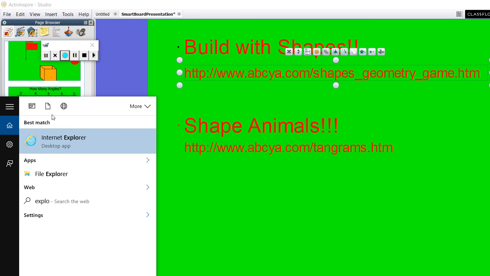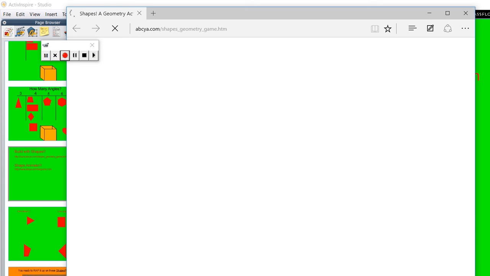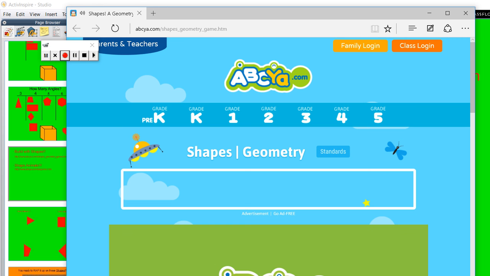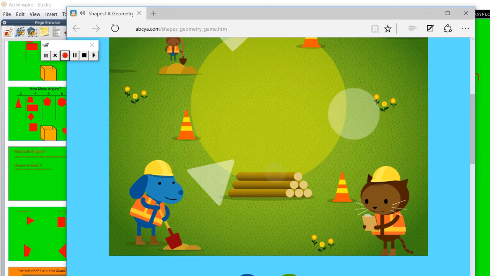Okay, we can go to the internet. And we can come over here and they can click this. They can click this link. And it'll take them to an activity where they can, again, reinforce and repractice their shape knowledge.